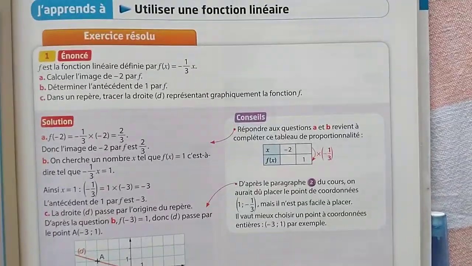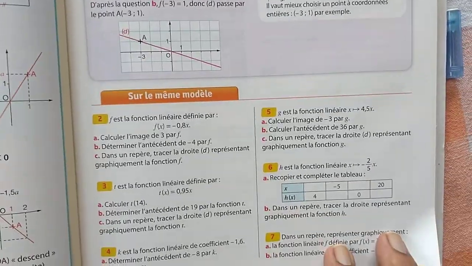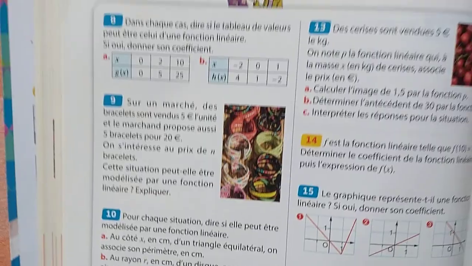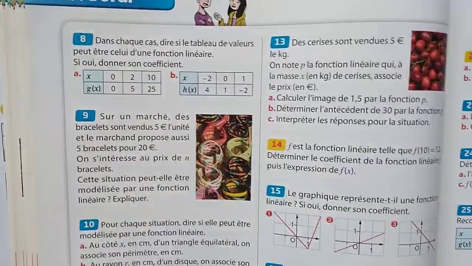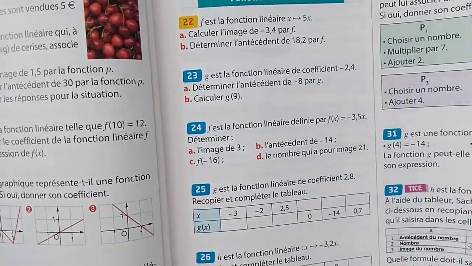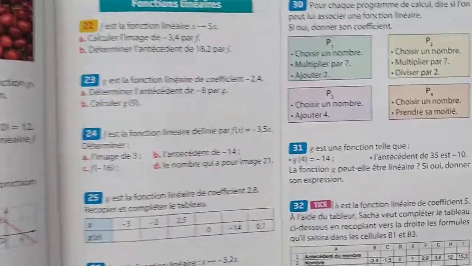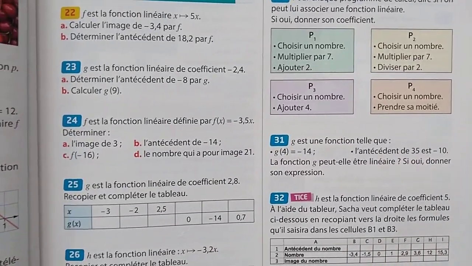I mean, if you have understood what a linear function is and what proportionality is, it will be so simple. For example, on this page, which is page 102, we have à l'oral. These are so simple, it takes about 10 seconds to do each of these problems. After that we will do the problems for which you will have to submit to me, and for which I will grade your assignments.